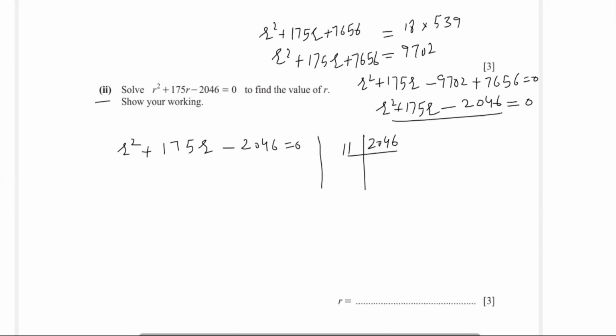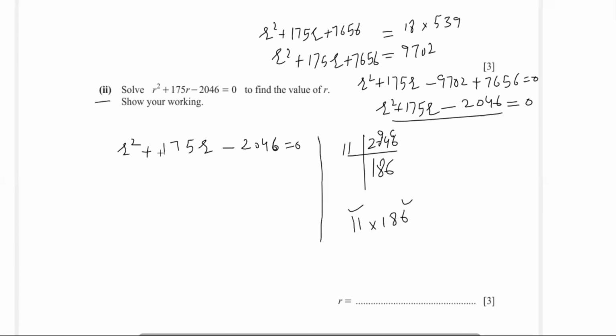Now by using the middle term breaking method, we take the factors of 2046. You see here 11 times 1 is 11. Now 9 is carried, therefore 11 times 8 is 88, and 6 will be carried, therefore 11 times 6 is 66. 11 multiplied by 186 will be the factors.